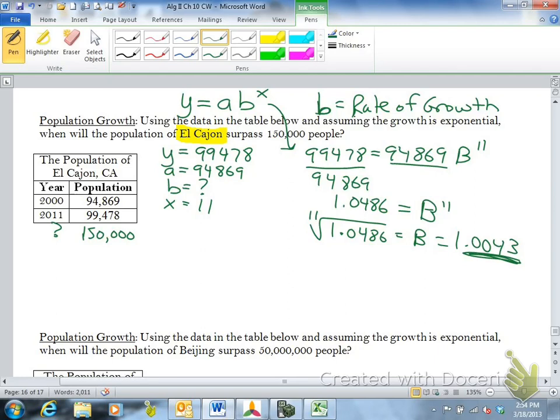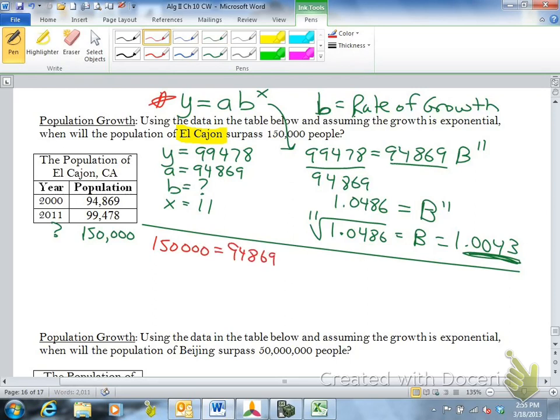So now you can actually find when the population will be 150,000 using this formula again. So we would have 150,000 equals the initial population, 94,869, times your b value that we just found to the t, and you're solving for a time. See if you could solve that equation.